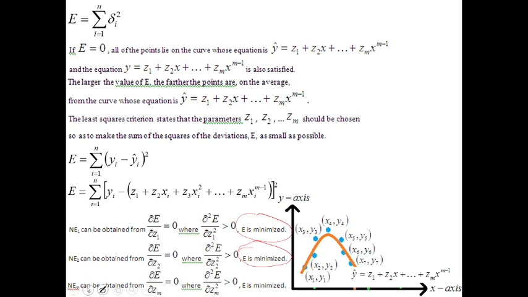So in here, the nth normal equation can be obtained by setting the first partial derivative of E with respect to z sub n, then equate that to 0. Likewise, E is also minimized, pag greater than 0 yung makukuha natin sa second derivative test.